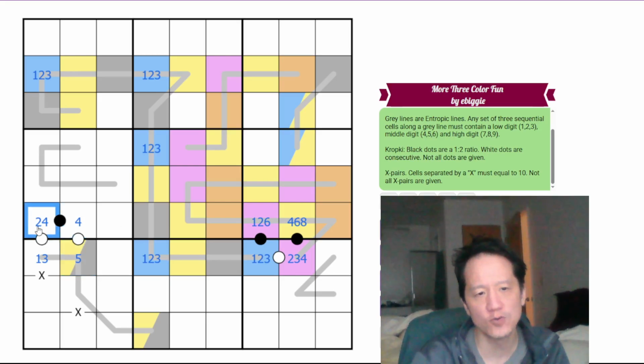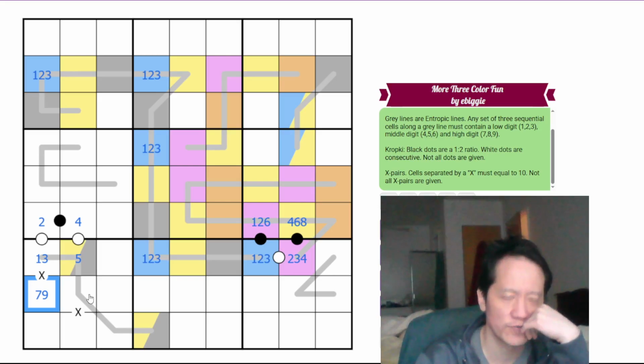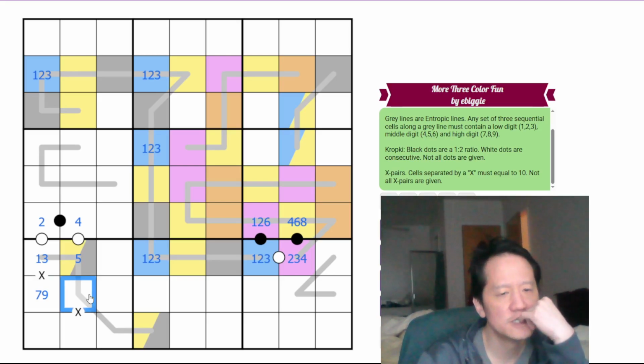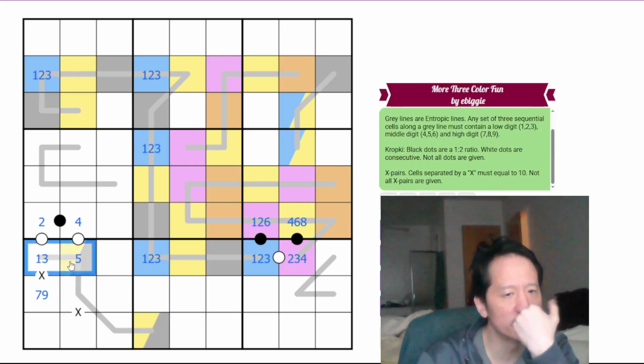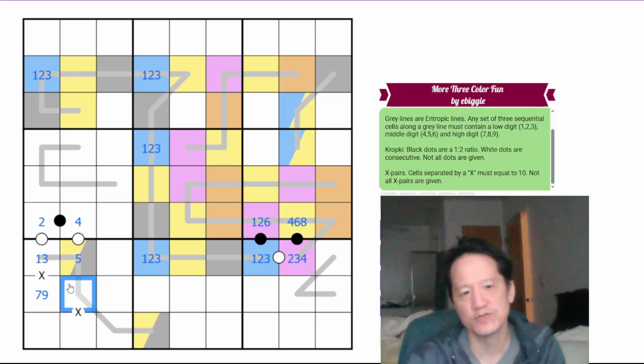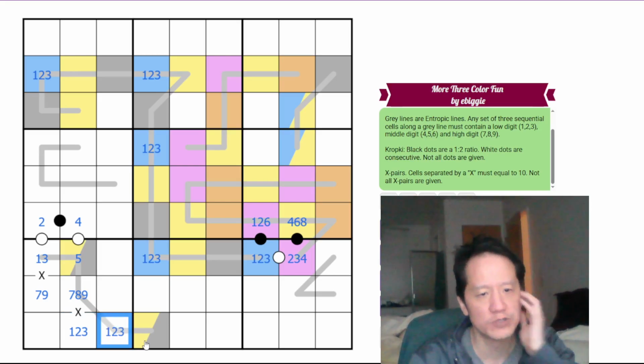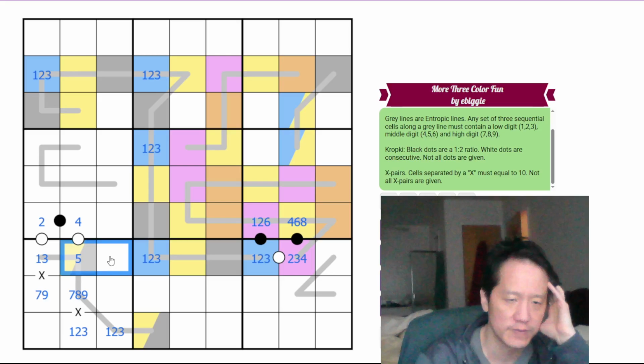Which makes this a 4, which makes that a 2. This becomes 1 or 3, this is 7 or 9, that works fine. This would be low, middle, and this would be high. So that works also fine. This is 7, 8, 9. This is 1, 2, or 3. This would be low, 1, 2, or 3, and that works fine.